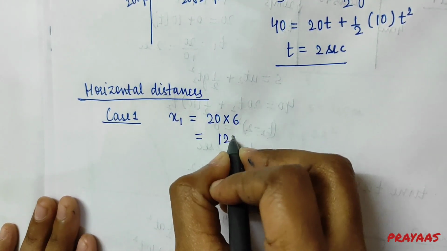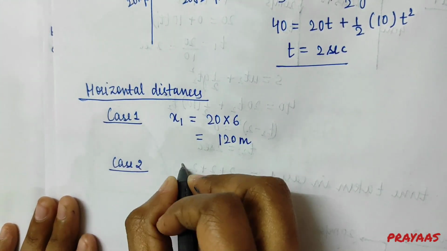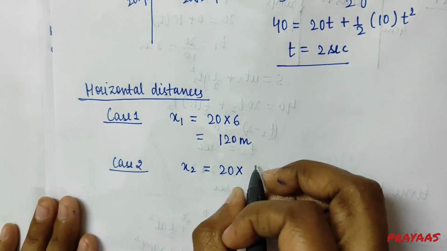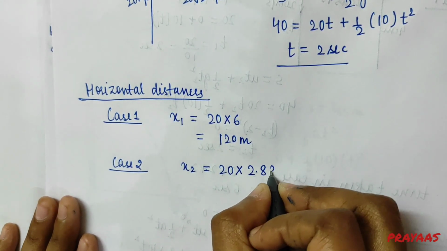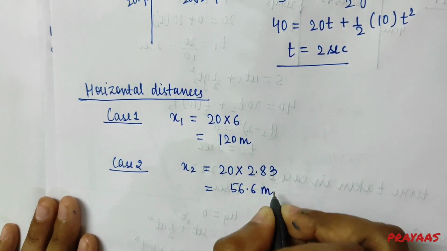So it will be 120 meters. Similarly in case 2, x2 will be speed in horizontal direction, that is 20, and time of flight is 2.83. So this will be 56.6 meter.